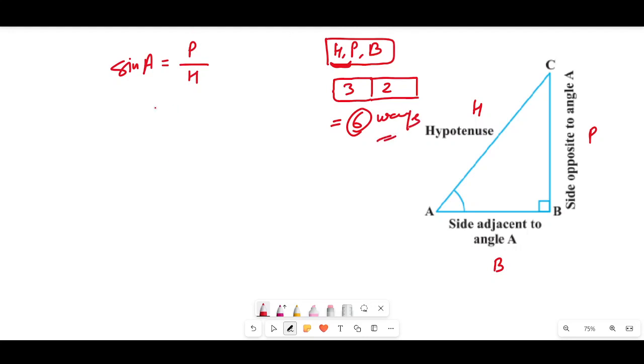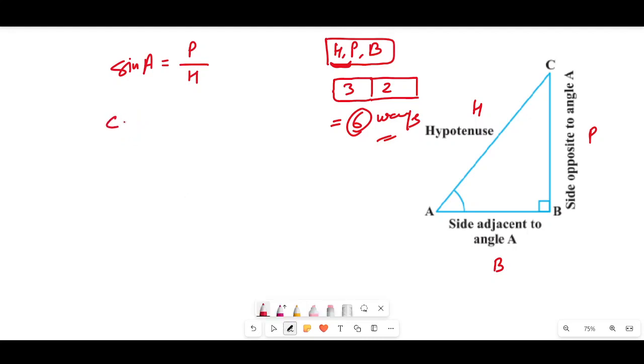Now this is the symbol of sine A. What is the symbol of cos A? Clear?